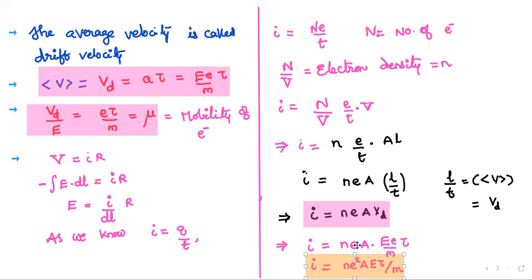So any mistake here, Nana, in this page? Any mistakes are there? We are trying to extract the relations of all physical quantities with relaxation time: drift velocity, mobility, current, potential difference, resistance, electric field intensity, everything we are trying to derive. Do you have any doubt or any mistake there? You can express it. If any mistake is there, you can say.